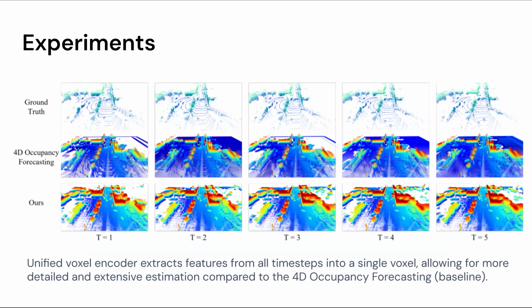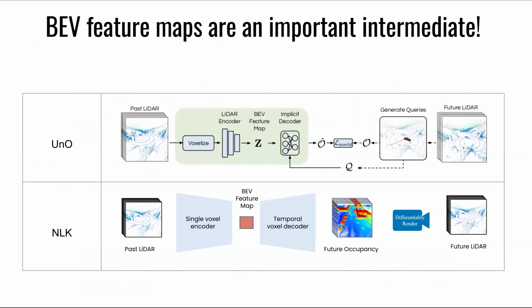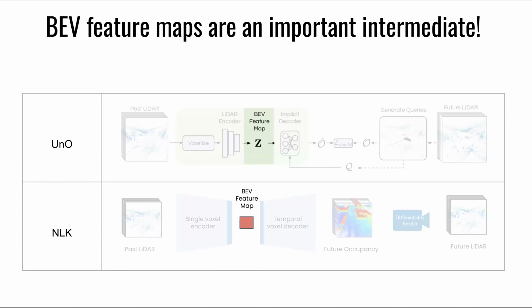And for both the winning methods, I am showing a high-level overview of their pipelines. And the one thing which is evident is that both methods use an intermediate bird's eye view feature map to bottleneck their pipelines. So even though the input and the output are in 4D, which is in 3D space and time, the right intermediate representation seems to be the bird's eye view feature maps, likely because they can capture any dominant and relevant motion in the scene for driving.